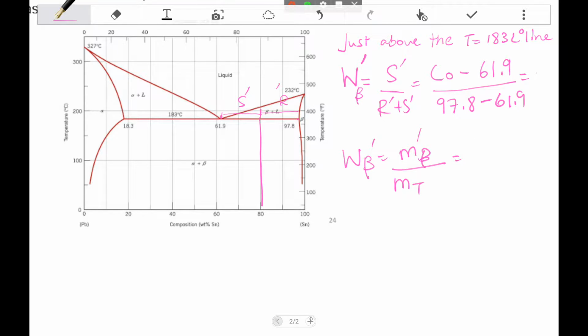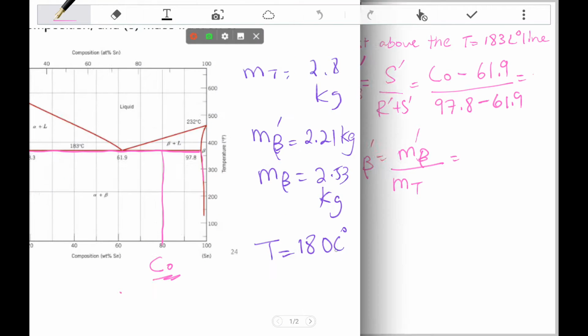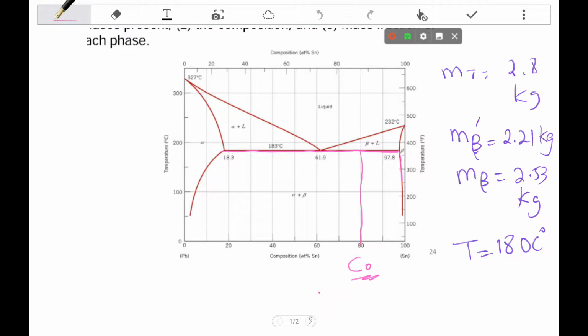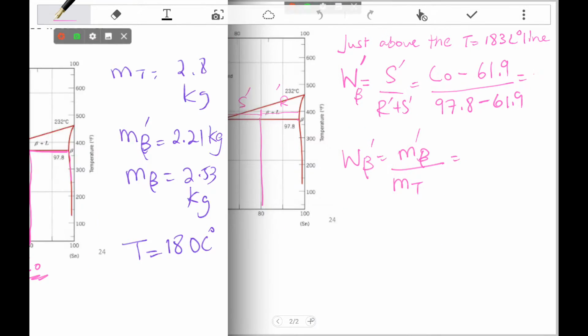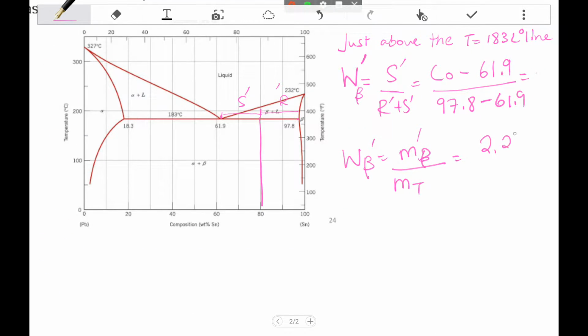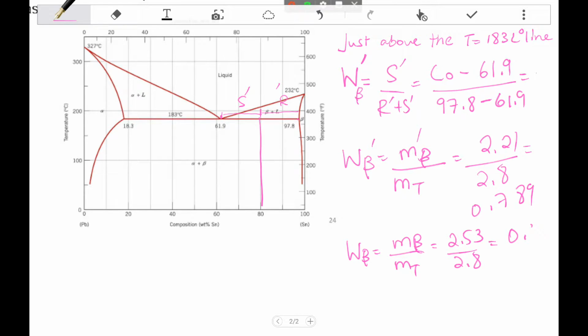We were already given that information back here: 2.21. So 2.21 divided by 2.8 gives you 0.789. And the mass fraction of total beta is the mass of total beta divided by the mass total: 2.53 divided by 2.8, which is equal to 0.9. And that's what we want here.